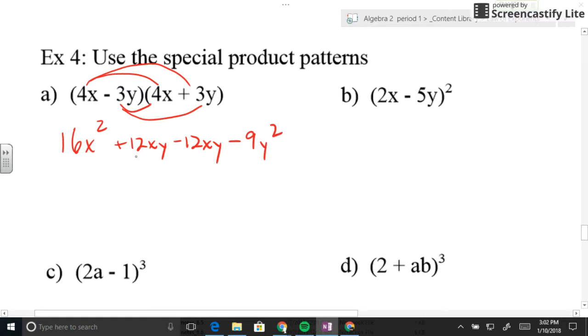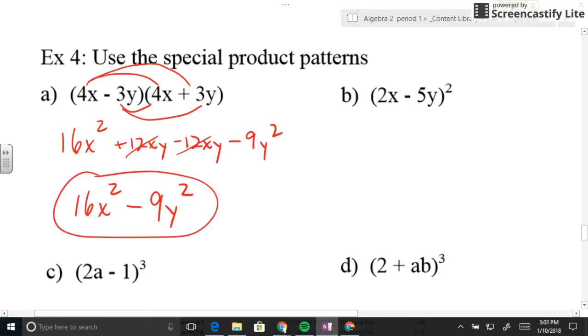So when I look at the middle, the negative 12xy and the positive 12xy cancel out. I get 16x squared minus 9y squared, which is basically just each of these terms squared. 4 squared is 16, x squared is x squared, 3 squared is 9, y squared is y squared. So it ends up being the sum and difference.